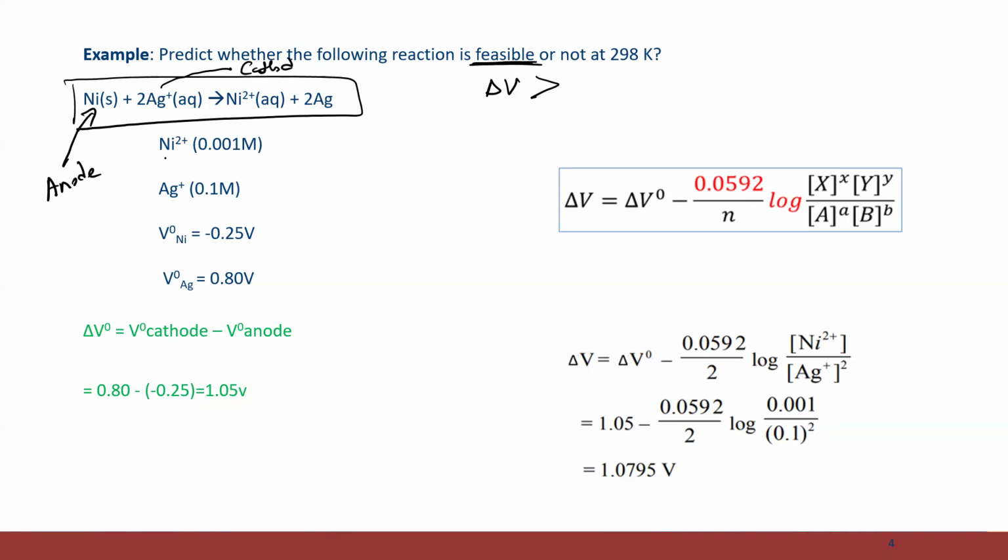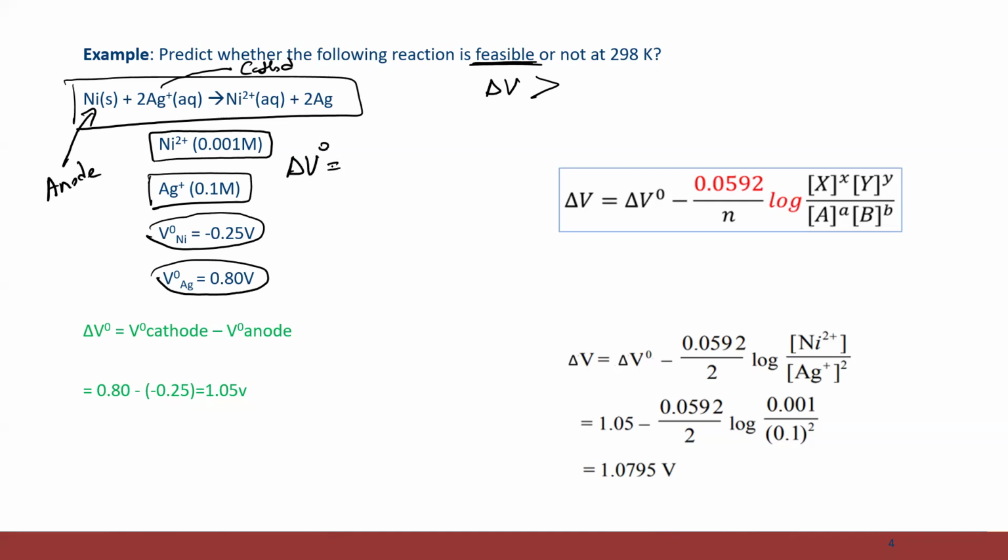So you can see the concentrations in the solutions are not 1 M, so we can't use that delta V thing to do it. Here they have given you the standard voltages, so we can find delta V naught in the standard conditions. That means 1 M solution and 25 degrees Celsius.